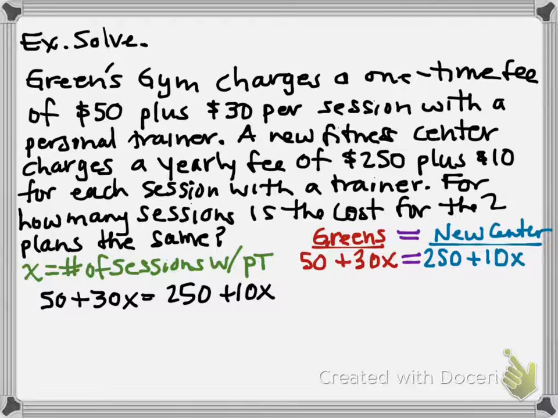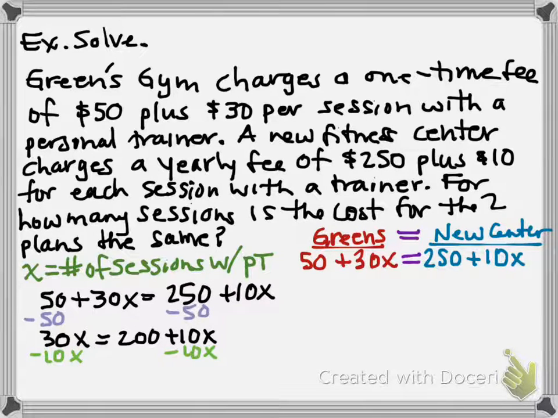So we're going to get the constants together on the right. The opposite of a positive 50 is a negative 50. That gives me 30x equals 200 plus 10x. And then I want to get my variables on the left, so the opposite of adding 10x would be subtracting 10x.